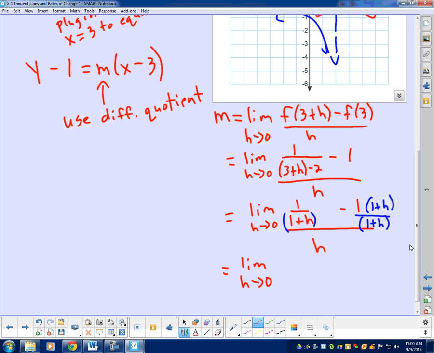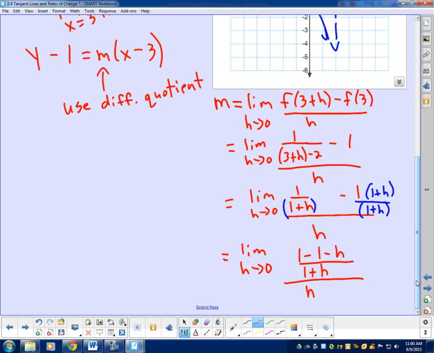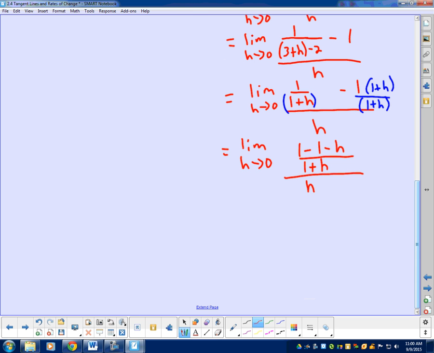The top of this is going to be 1 minus 1 minus h, right, all over 1 plus h, all over h. And everything's going to turn out all right here. 1 minus 1 is 0. I have negative h on the top.